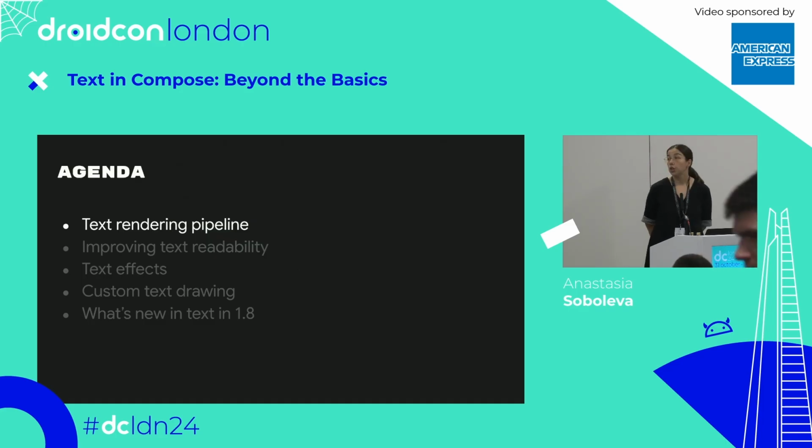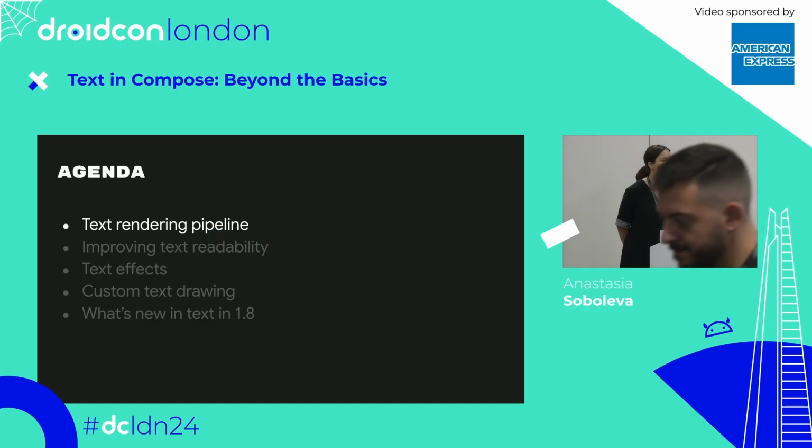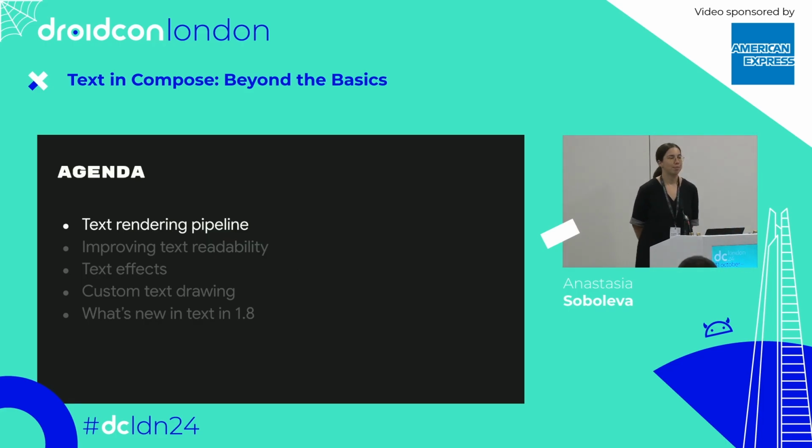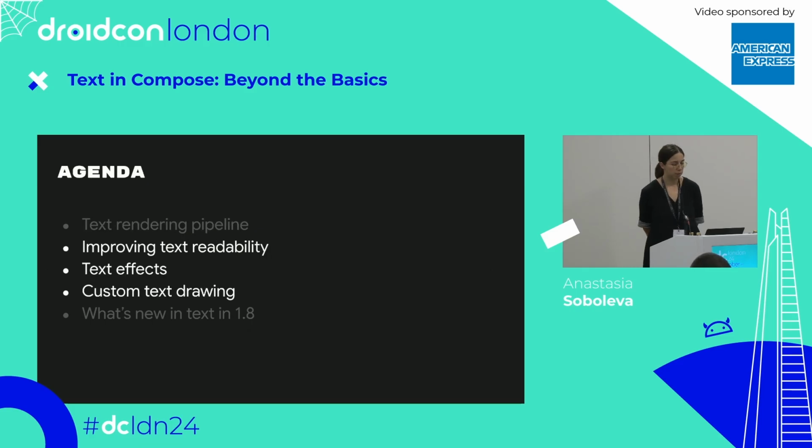So what are we going to cover today? First, I'll make a quick recap, well, maybe not very quick, of how text is rendered and what libraries and steps it takes to get from a char sequence, or sequence of characters, to rendered text on Android, in Jetpack Compose as well.